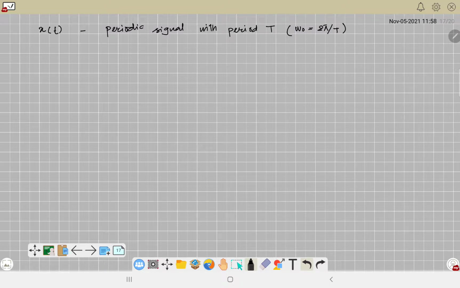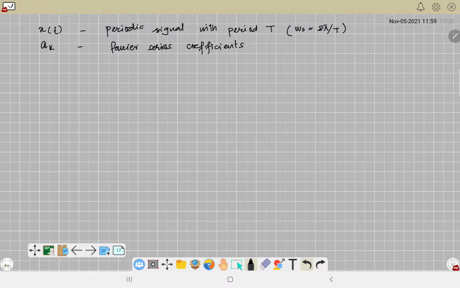Then the Fourier series coefficient of this signal, which is denoted by a of k, this is the notation we have been using. These are the Fourier series coefficients, and we calculate them using the signal x of t.